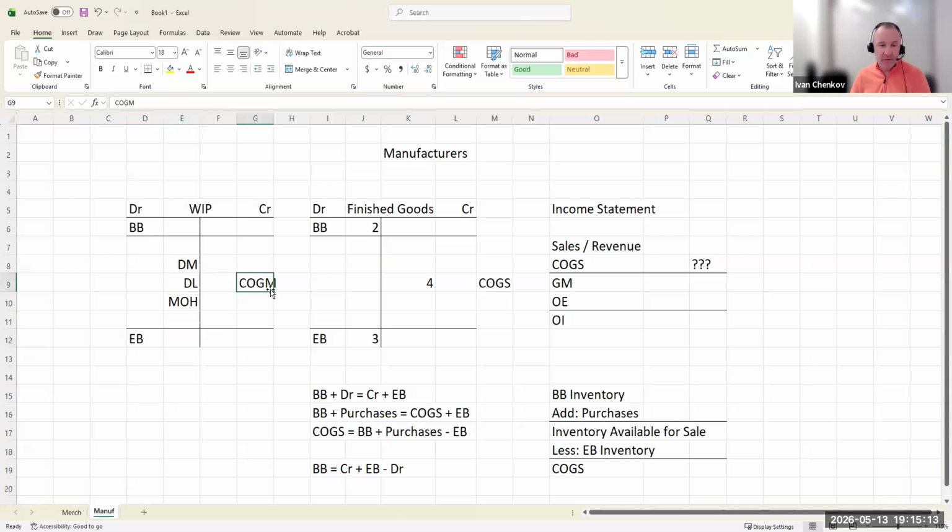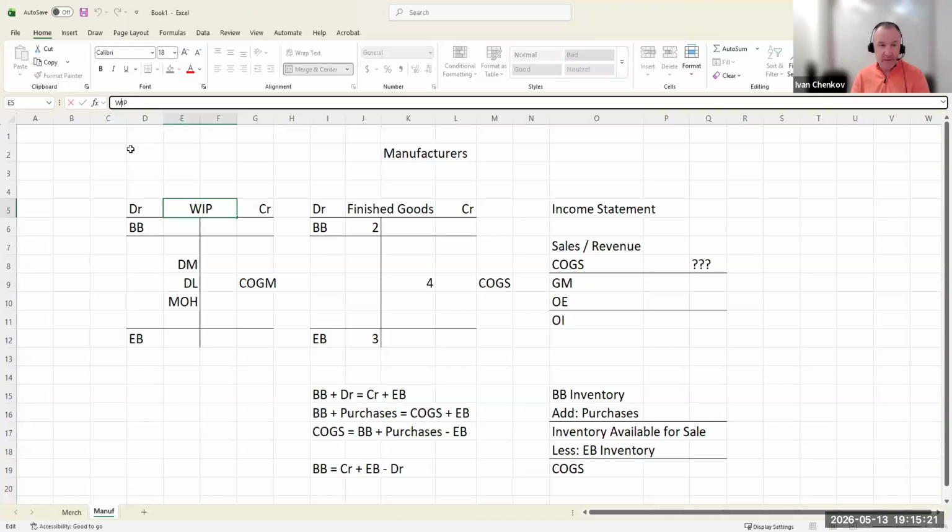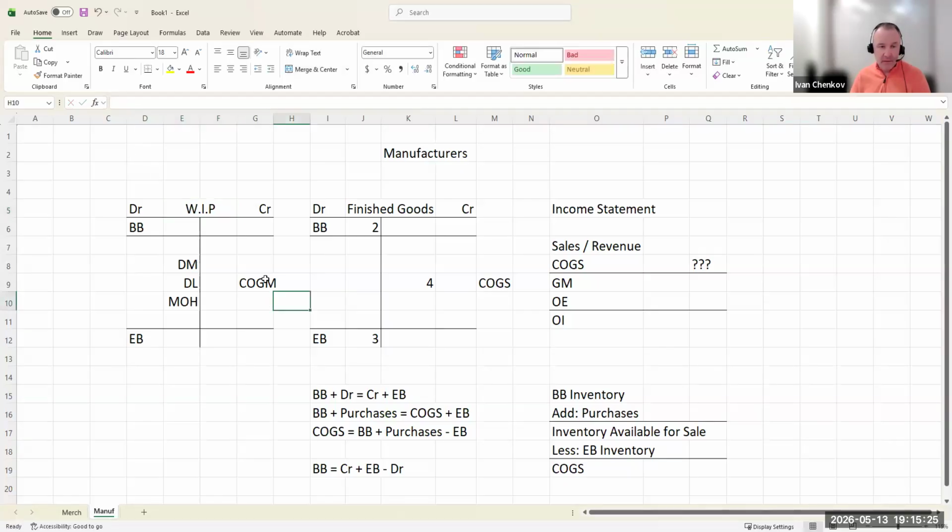In order to get this cost of goods manufactured, which is going to move from work in process into the finished goods, let's make this for work in process like this. Now it looks like a resting piece, isn't it?